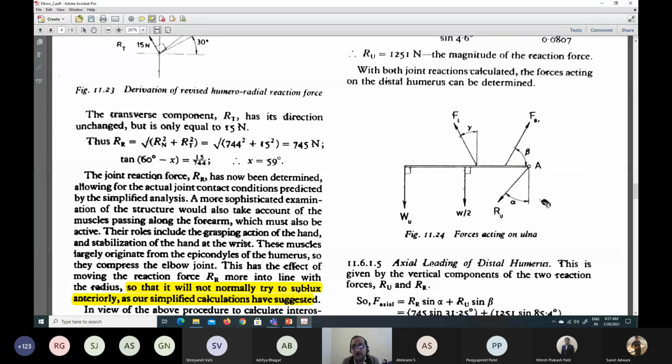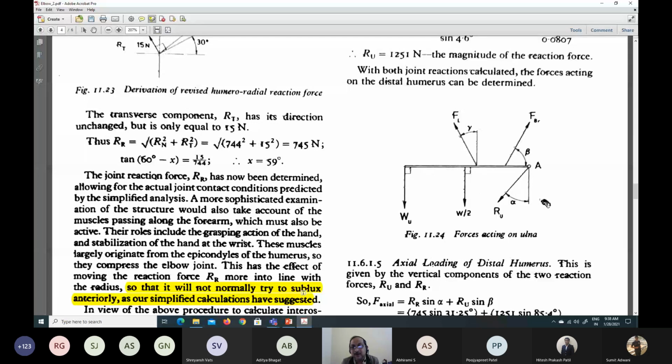So the word sublux here means coming out of the socket. Okay, subluxation word is a clinical word, and it means that the tendency to come out, say, the radial head being forced out of the capitulum, so that separation doesn't occur.